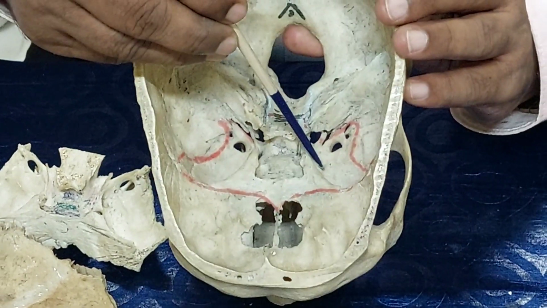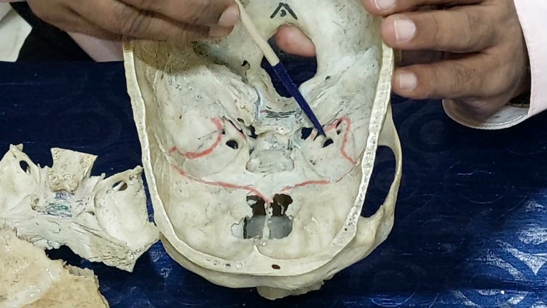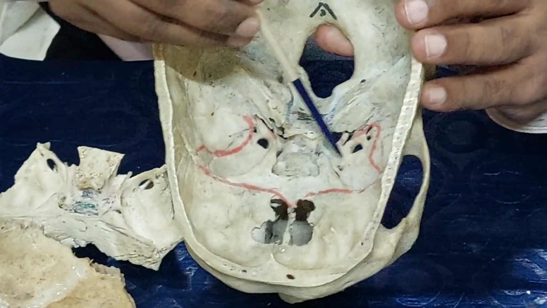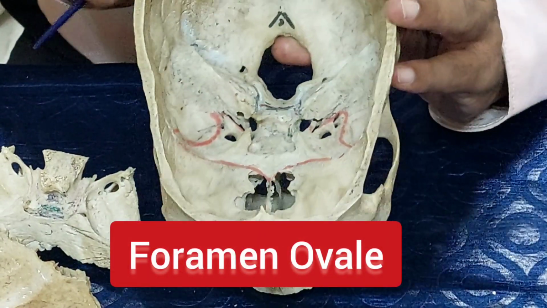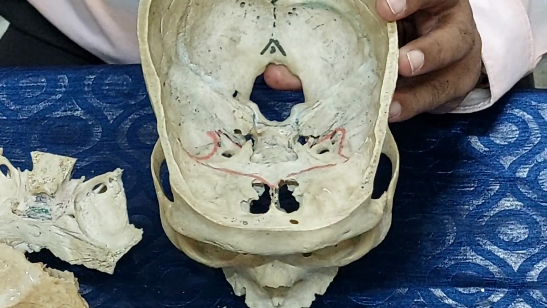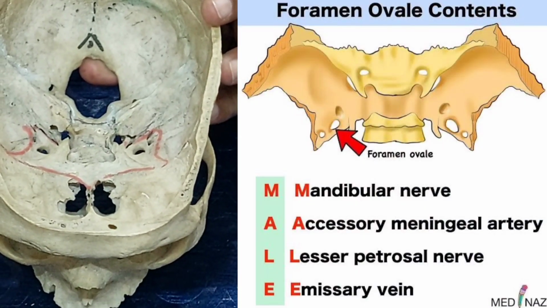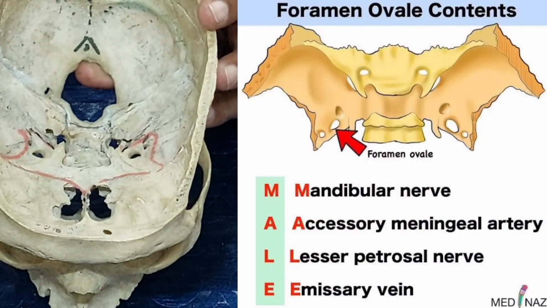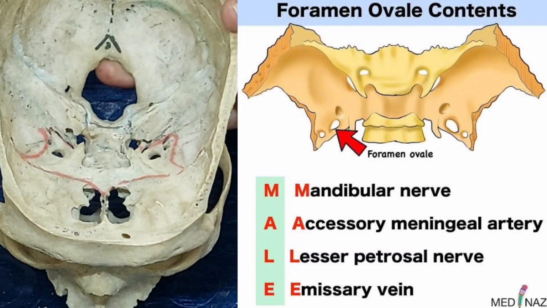About 1.25 centimeter behind the foramen rotundum, there is another foramen which is rather larger than the foramen rotundum and oval shaped. It is called foramen ovale. The structures passing through the foramen ovale are the sensory part of the mandibular nerve and the motor part of the trigeminal nerve. That means this motor part is also part of the mandibular nerve.